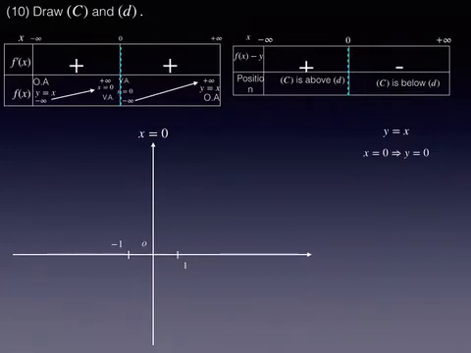So the first point is 0, 0. For the second point, for example, take x equals 1 and then y equals 1. So the second point that the oblique asymptote y equal x passes through is the point of coordinates 1, 1. Now connecting this point and the first point of coordinates 0, 0, you can draw the oblique asymptote y equal x.